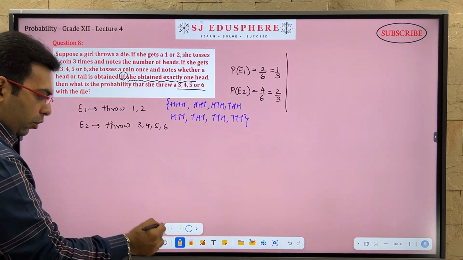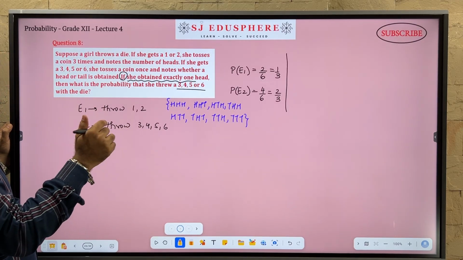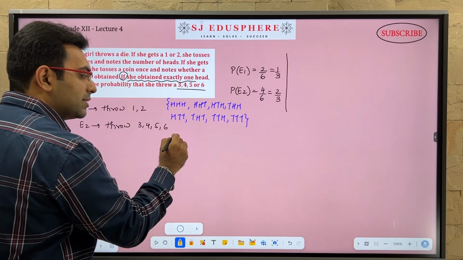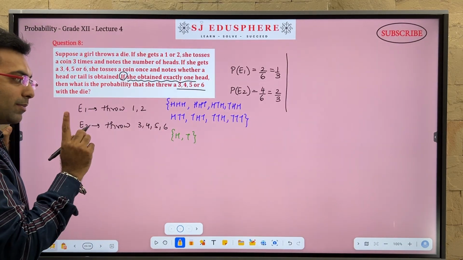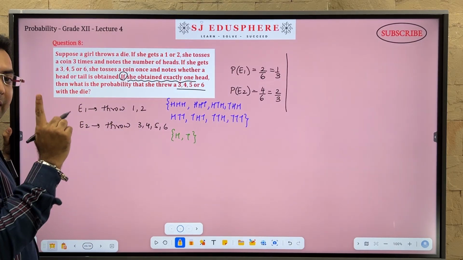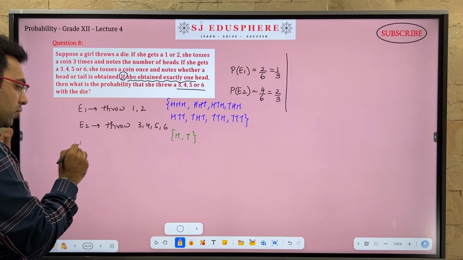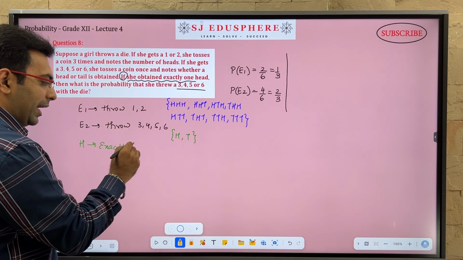Over here, when you get the number 3, 4, 5, 6, you are going to toss the coin only once. That means you can get a head or a tail. What is my interest area? My interest area is to get exactly 1 head. So I am saying H is exactly 1 head.